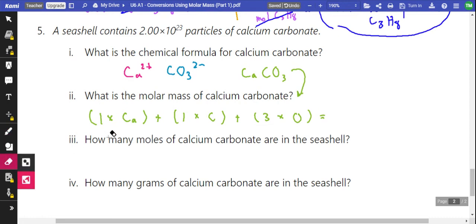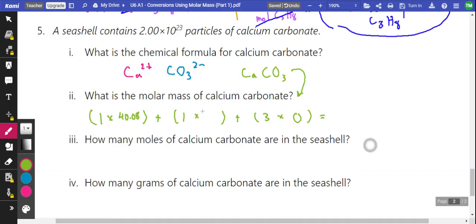On the periodic table, calcium is 40.08 grams per mole, carbon is 12.01 grams per mole, and oxygen is 16.00 grams per mole. So I add those up.